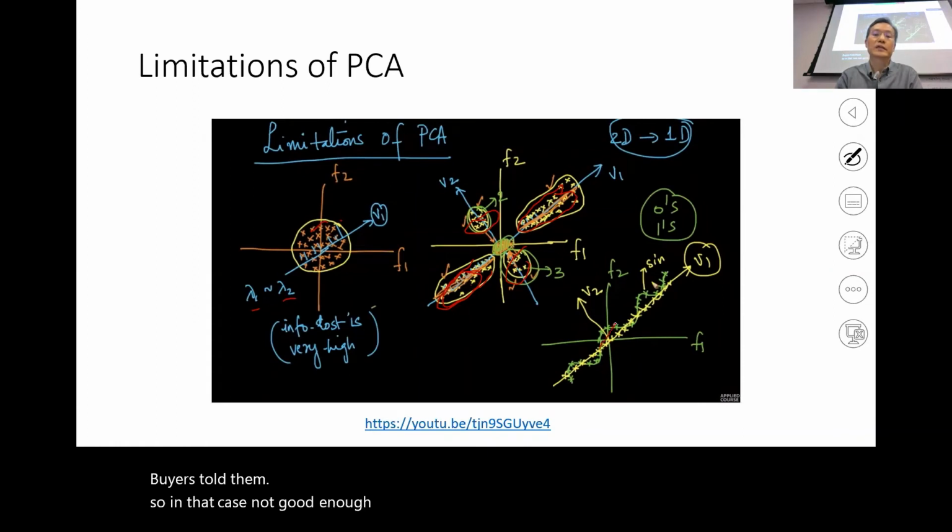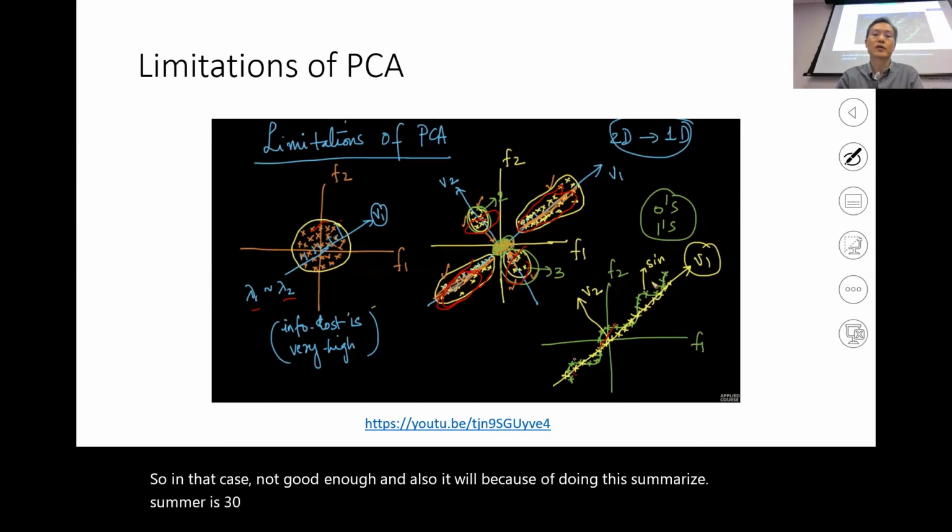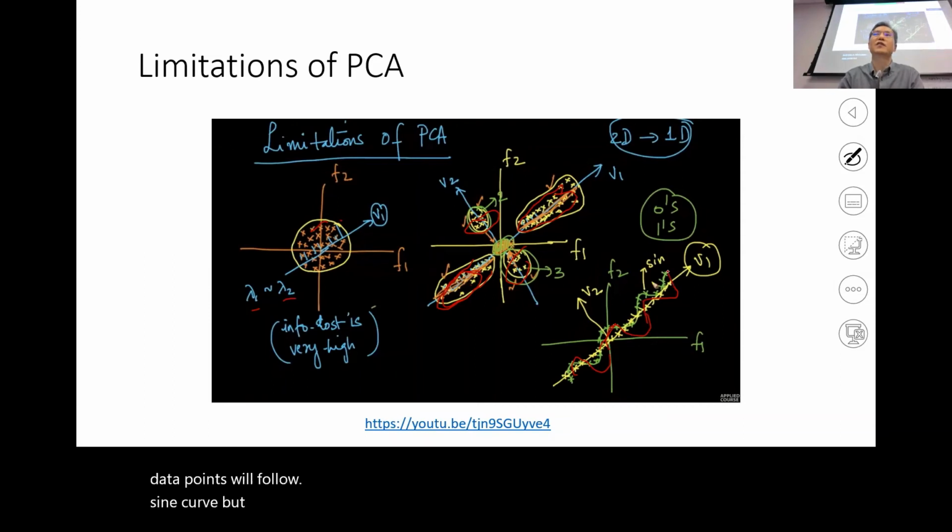And also, because of using summary statistics, you ignore all the internal relationships between data points. For example, all these data points follow a sine curve, but PCA will not understand it, it only computes the covariance between variables.